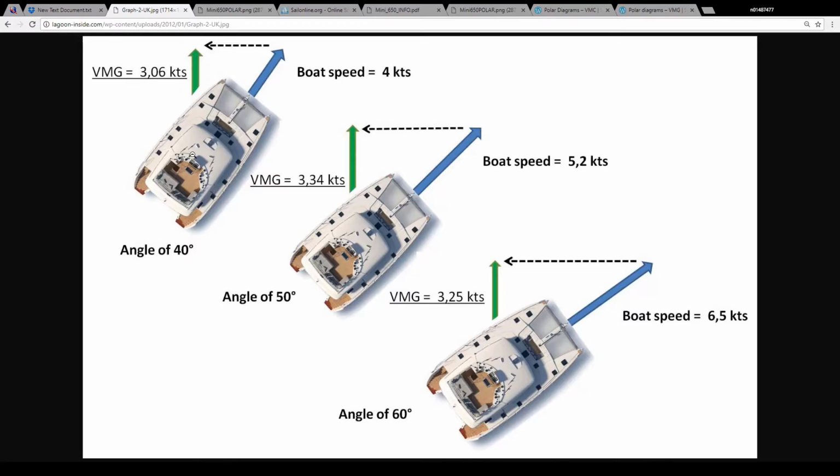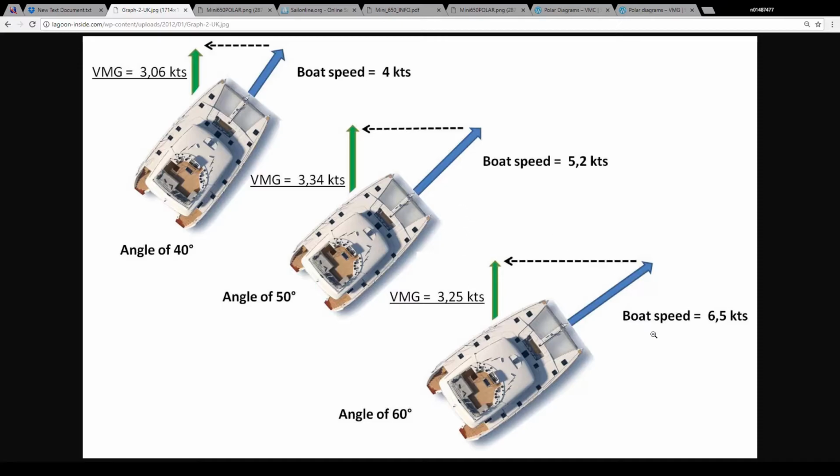So in this case, at 40 degrees, our VMG is going to be 3.06. Now let's imagine we bear away a little more, at an angle of 50 degrees, and our boat speed is going to be 4.2 knots. So our VMG is going to be 3.34, our velocity made good.